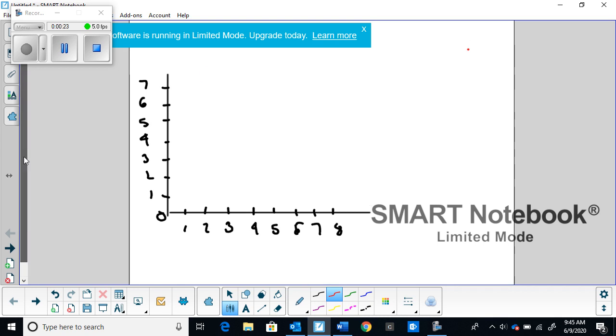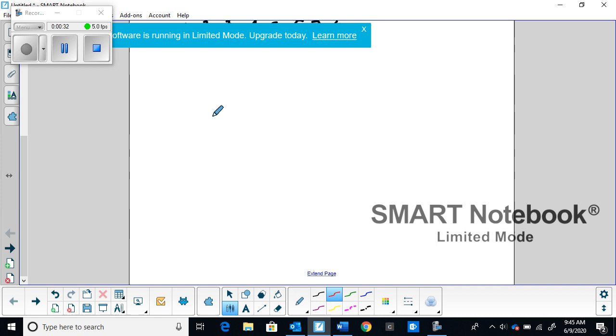All right, so here we have a graph, and this is just showing us one quadrant of the graph, or one section. Usually, coordinate grids actually have 4 quadrants.